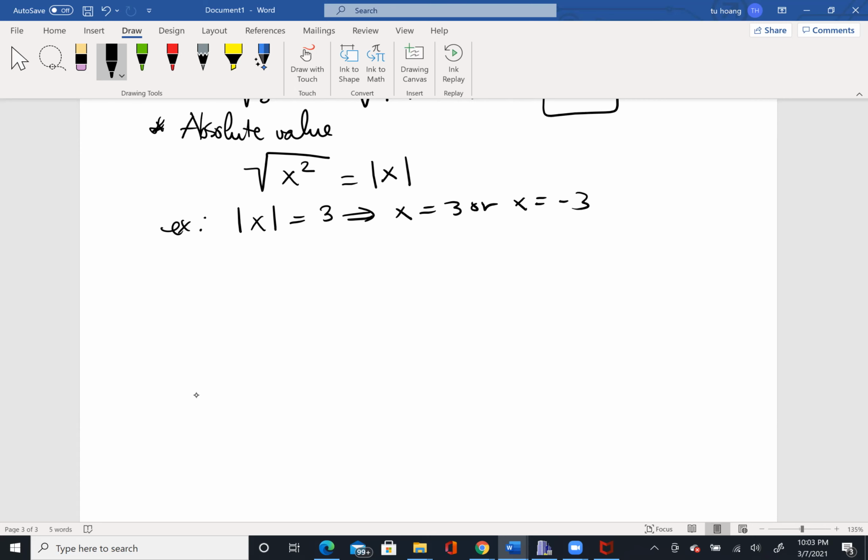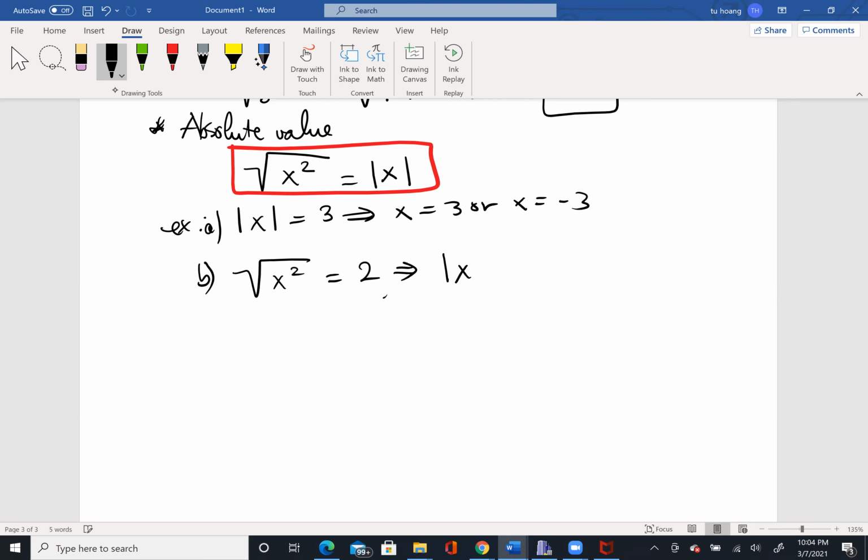So for the case where the square root of x squared equals, I don't know, maybe 2, I can rewrite the left-hand side as the absolute value of x equal to 2. And that means you can have x equal to 2 or x equal to negative 2.